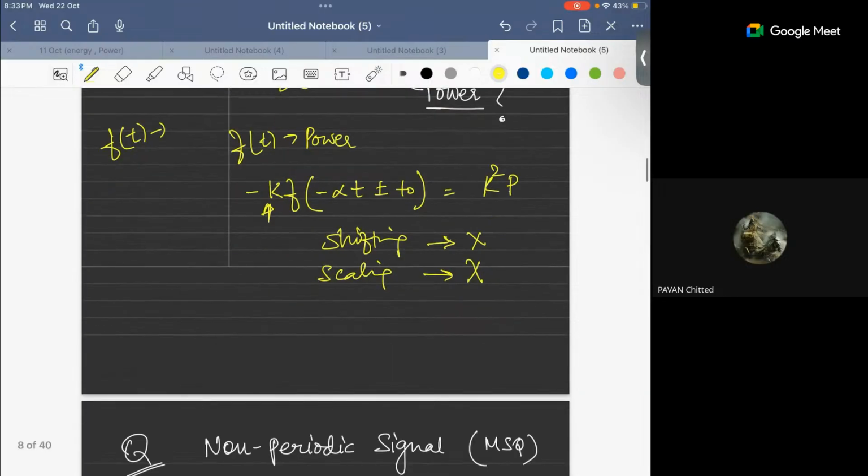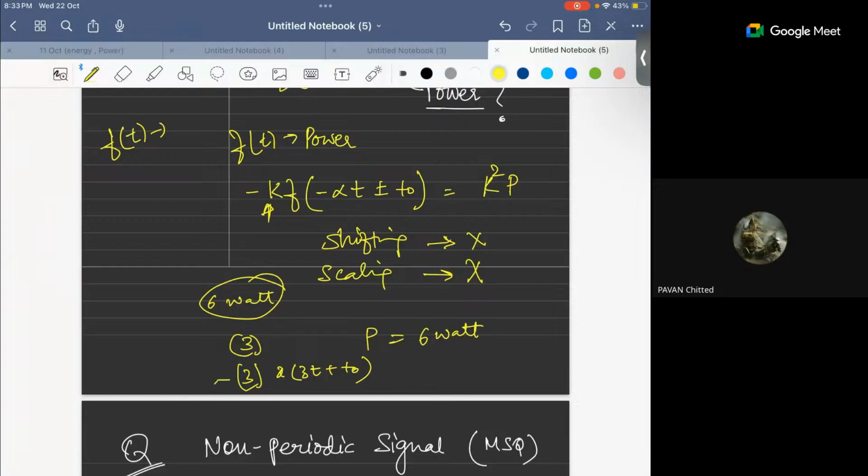That's why there was a question in the graded assignment, and many students were asking why the answer is 6 watt. I made a mistake here; I didn't account for the amplifying factor of 3. I hope you remember if somebody was asking the doubt. The power of the signal was 6 watt, but the signal I gave was x of 3t plus some t naught, with a 3 there, and I forgot it while calculating.